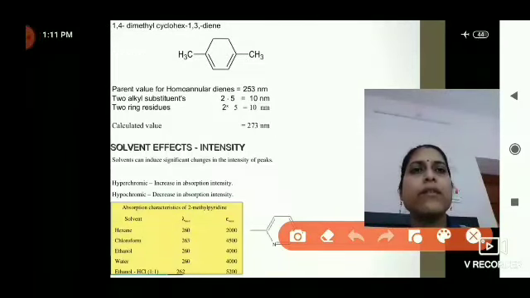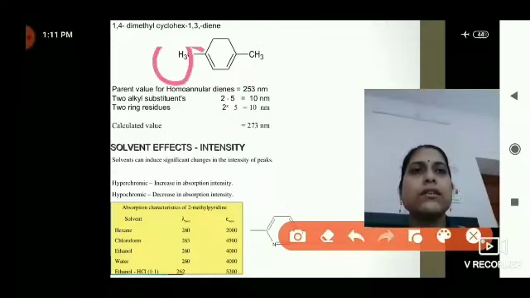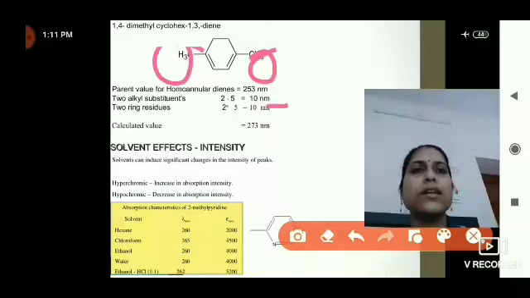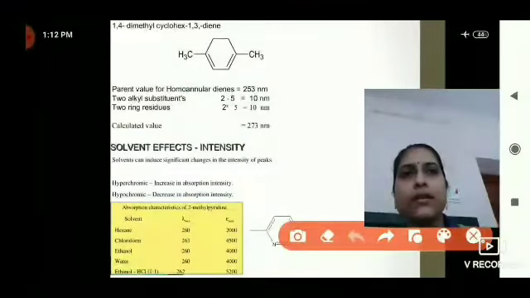This is an example of a homonuclear diene. The parent value for a homonuclear diene is 253 nanometer. You are seeing two alkyl substituents, one here, one here. These cause an additional lambda max value of 10 nanometer. Now there are two ring residues, present here, here and here.